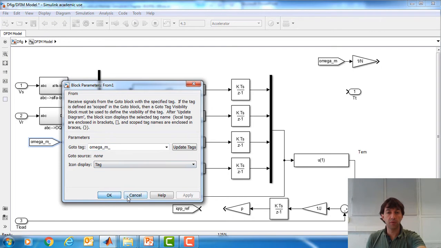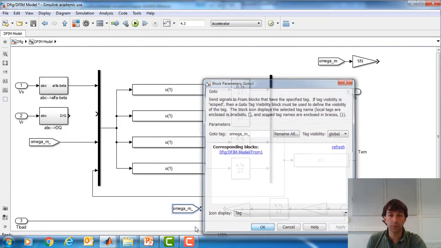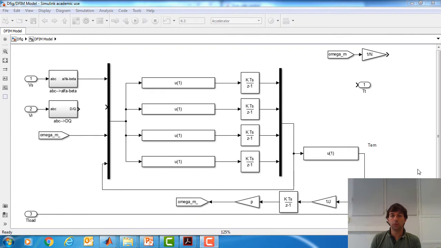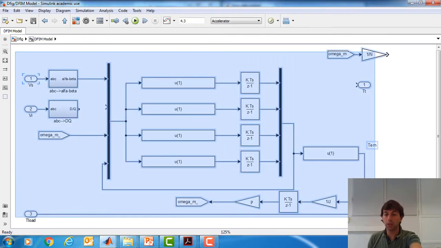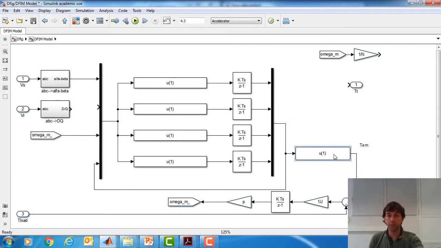Let's copy the name from there, and let's put it there. Let's take a little bit more space there.